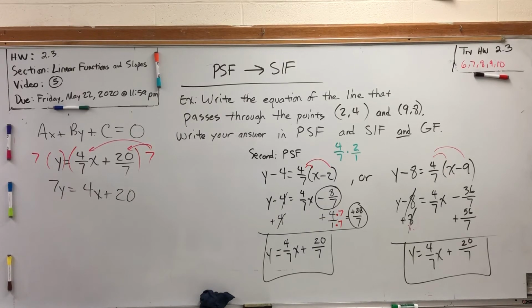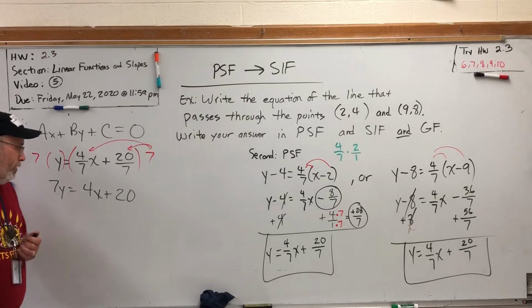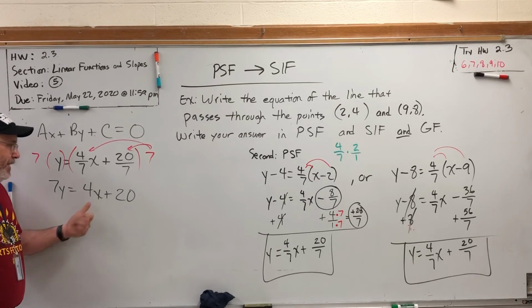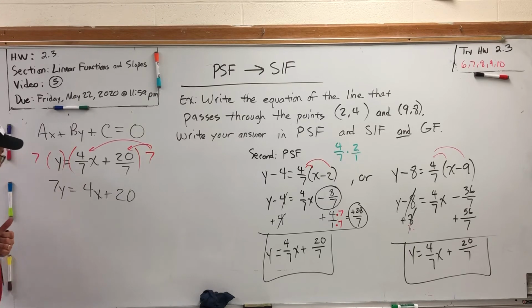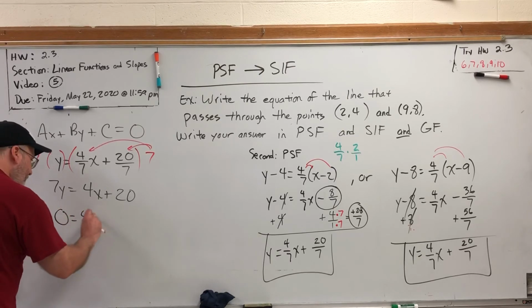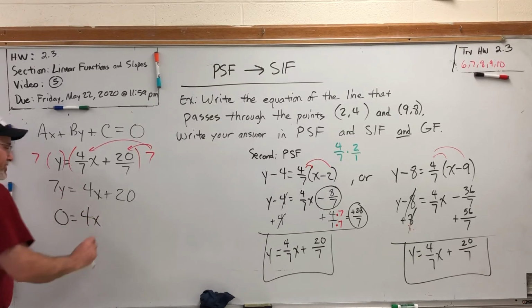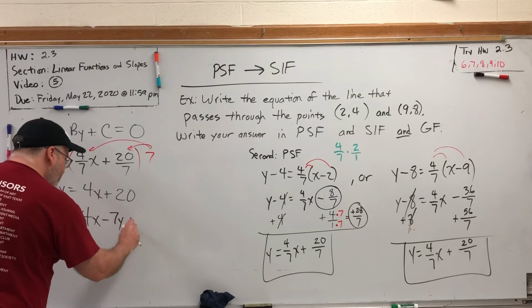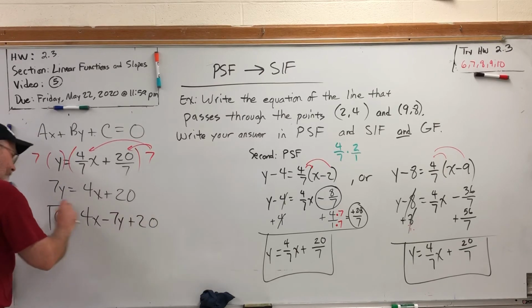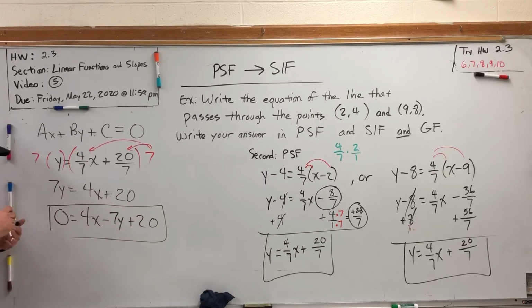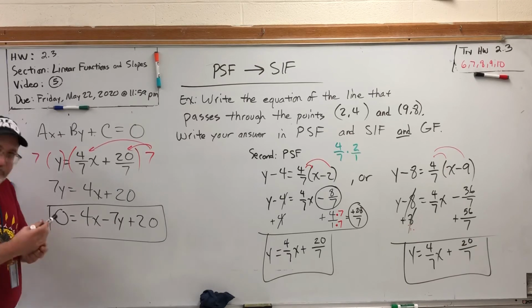And now to get it in general form, I have to make one side equal to 0. But remember, general form also wants the leading term, the x, to be positive. So I'm going to leave it on the right side because it's already positive and move the 7y over. Put it in the middle, and because the 7y is changing sides, it's changing signs. General form is 4x minus 7y plus 20 is equal to 0.